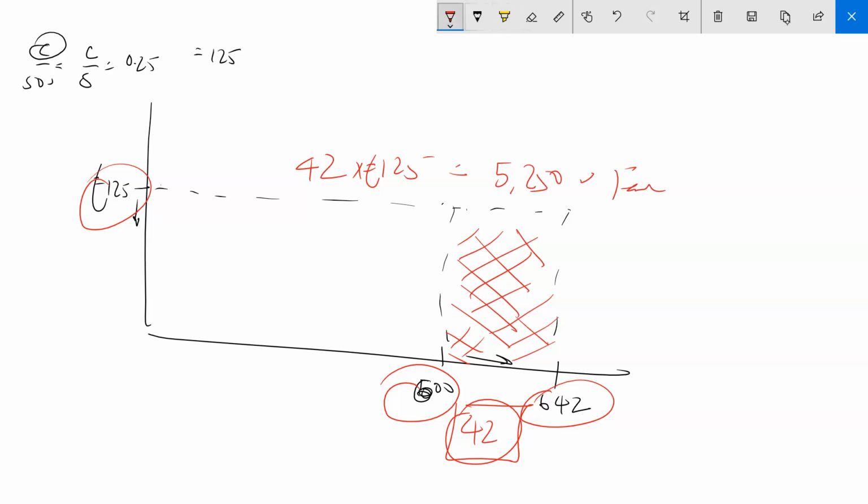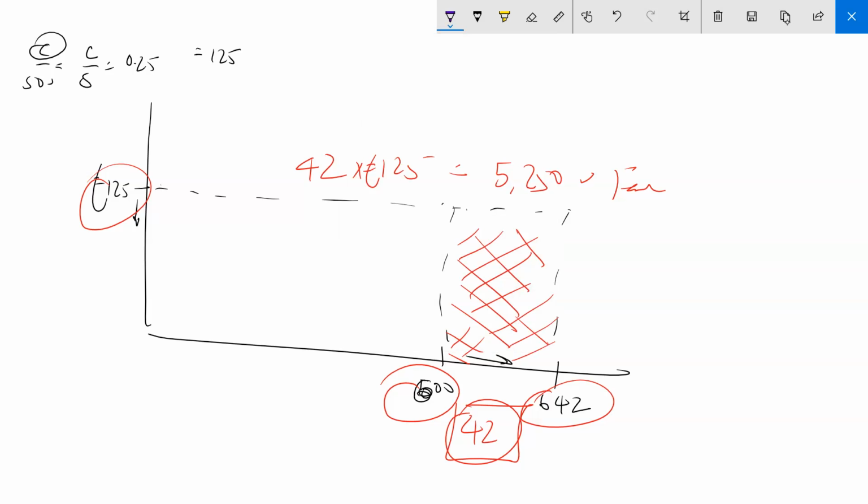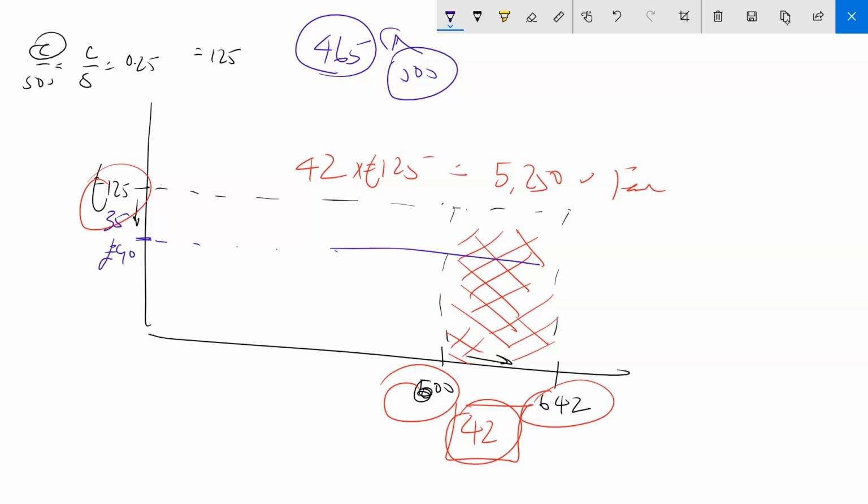Changing my pen color now, you see that in terms of pricing variances, I had to drop this by a certain amount. The question is, how much did I drop it by? You ended up selling these things for 465. So if the plan was to sell it for 500 and you're selling for 465, you have an immediate fall in contribution of 35. So your contribution coming in as a result of you dropping it is 90.